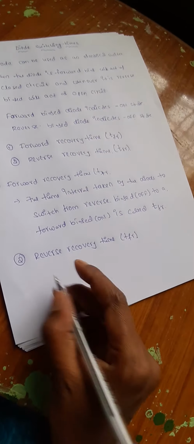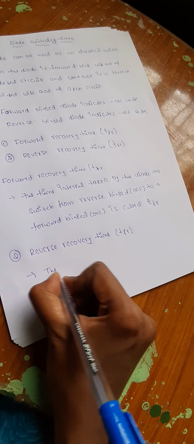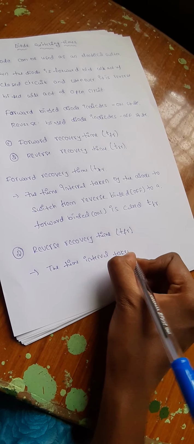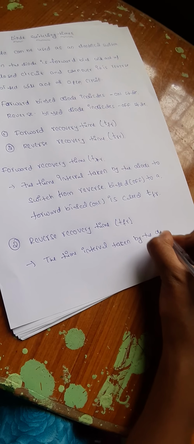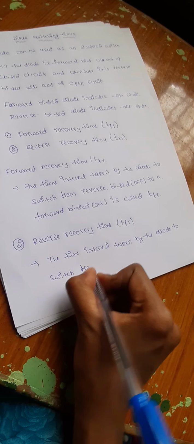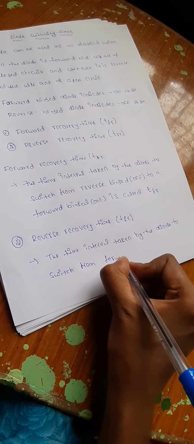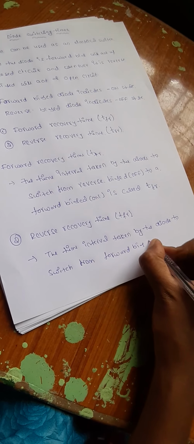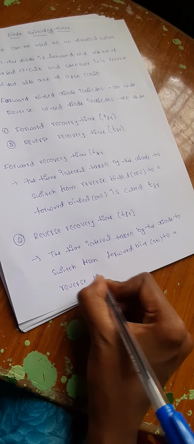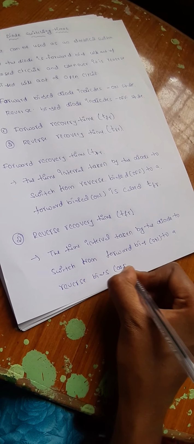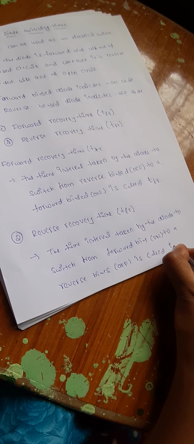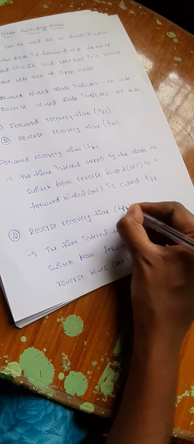The reverse recovery time is the opposite of this one: the time interval taken by the diode to switch from forward bias, which is the on state, to reverse bias, which is the off state, is called the reverse recovery time, TRR.